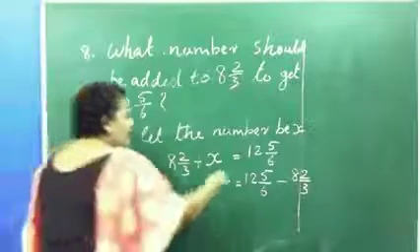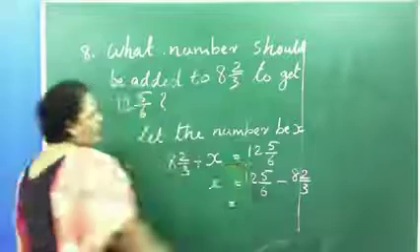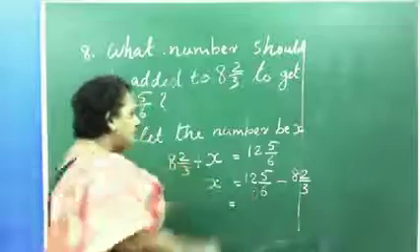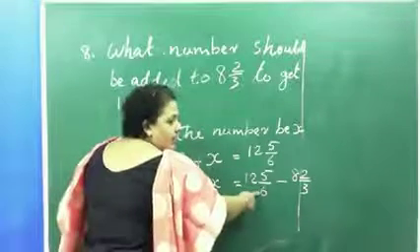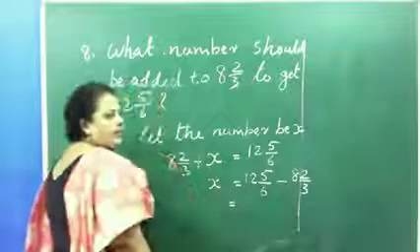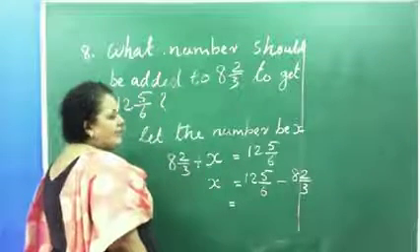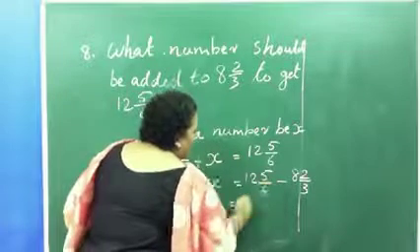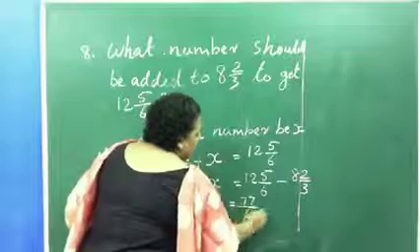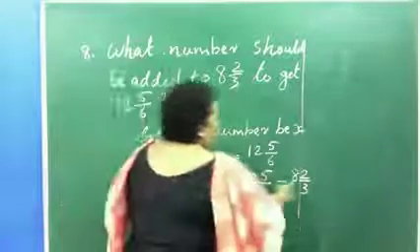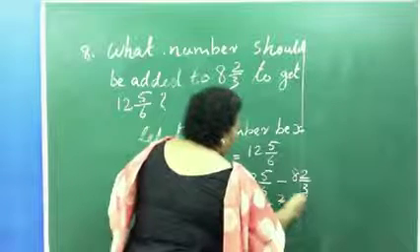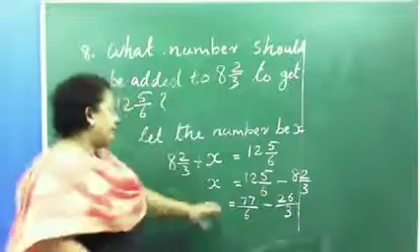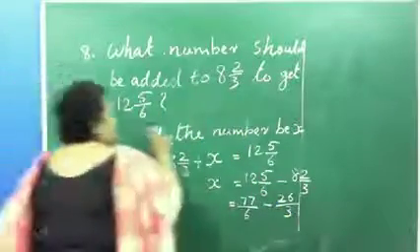So, now what do you have to do? We have to make it into improper fractions first. That is, it's given in mixed fractions. So, 12 6s are 72 and plus 5 is 77 by 6, minus 8 3s are 24 plus 2, it is 26 by 3.